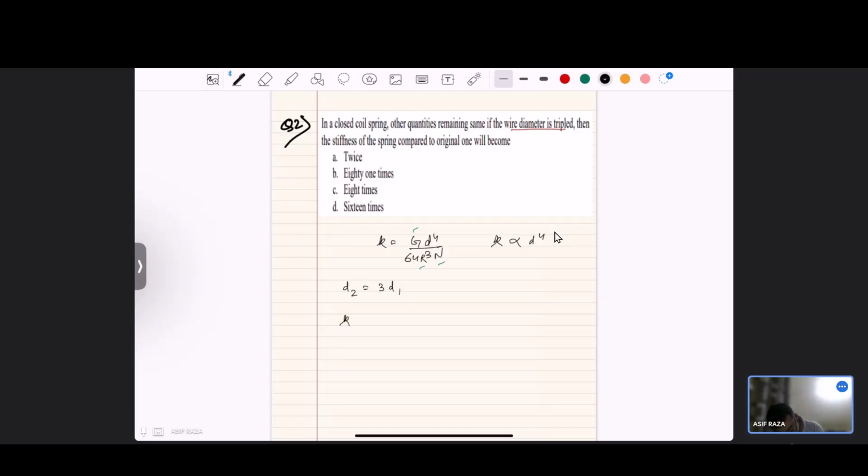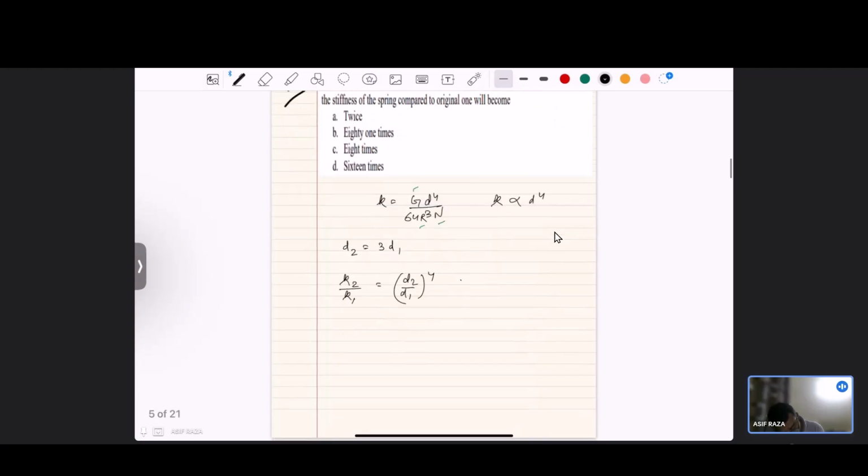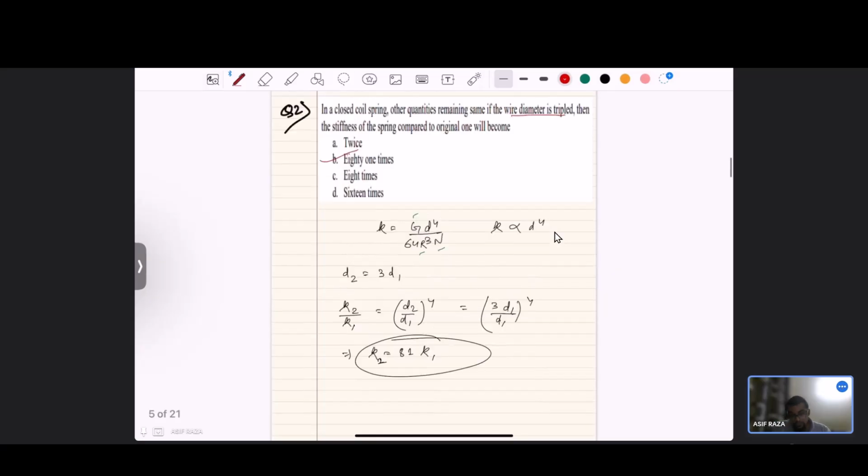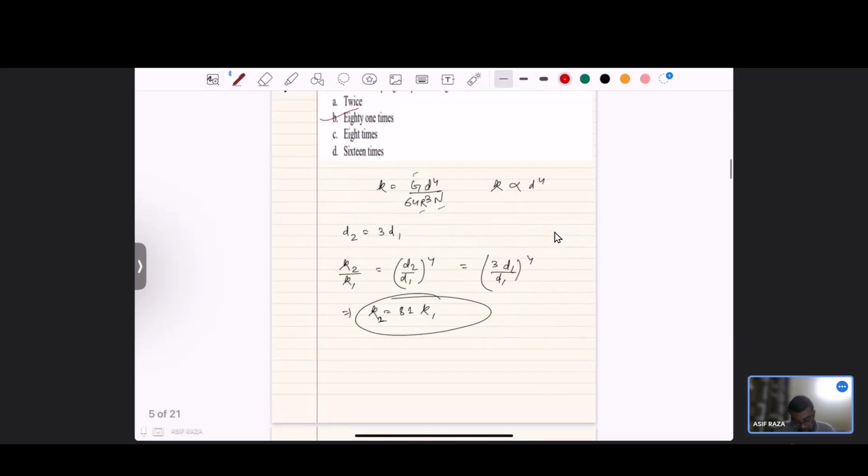Thus my stiffness K2 by K1 can be written as D2 by D1 to the power 4. This can be simplified further. K2 will come out to be 81 times K1. Thus my answer is option B, 81 times.